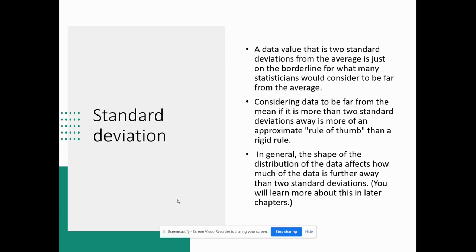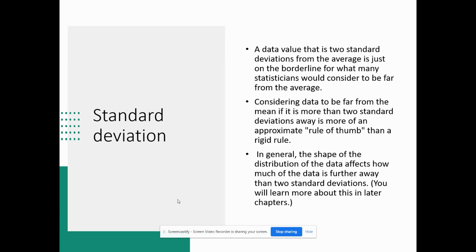So a data value that is 2 standard deviations from the mean is just on the borderline of what statisticians consider too far from the average. I like to know that my data is within 2 standard deviations of the mean on both sides, below the mean and above the mean. It's not always a hard-and-fast rule, but that's the way we look at it.